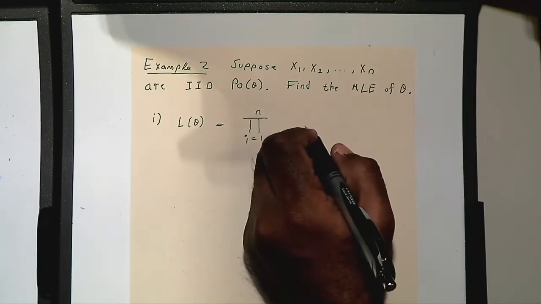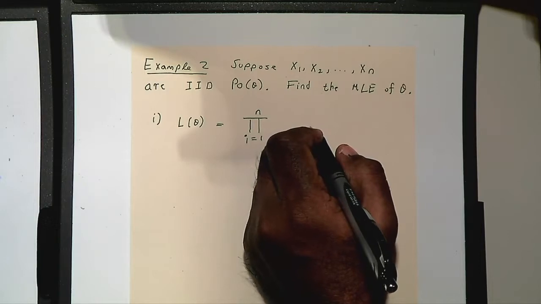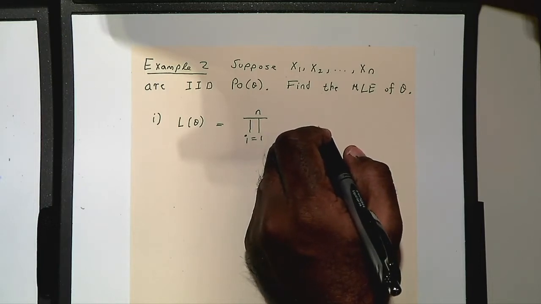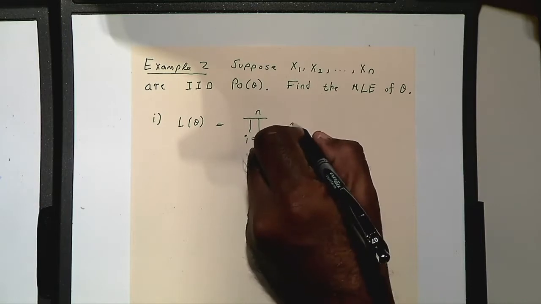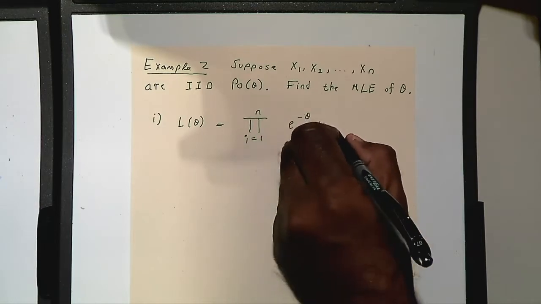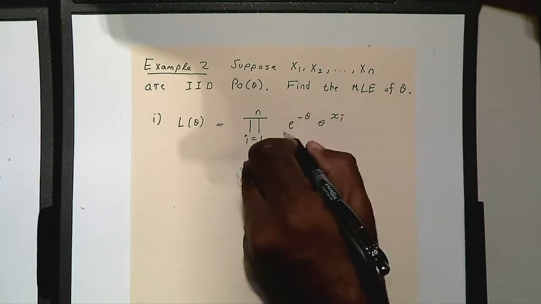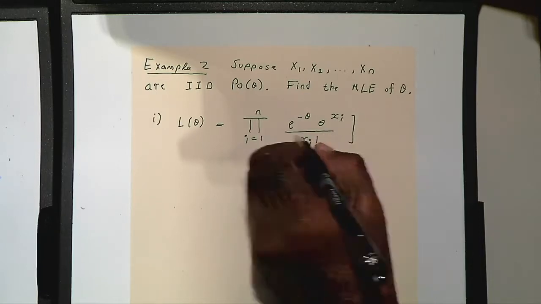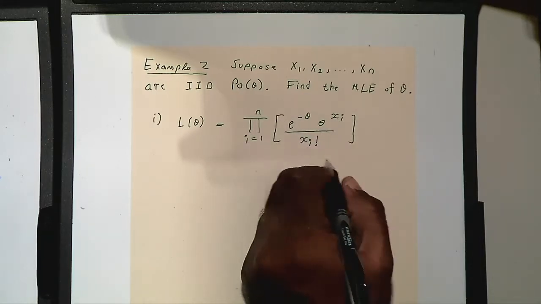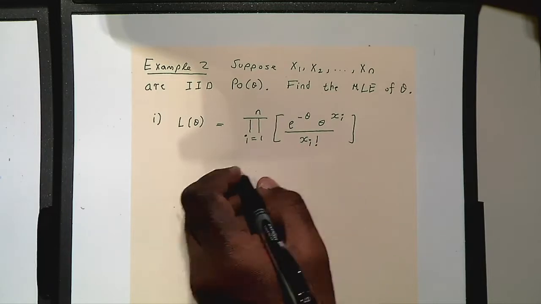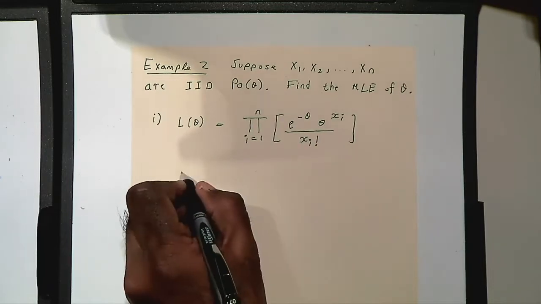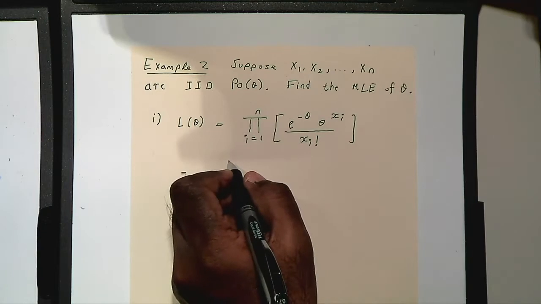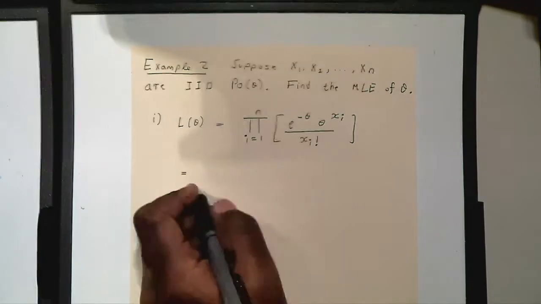Now, do you guys remember the PMF of Poisson? You must have done it in probability 1. Yeah, this one, right? Okay, now you should take the product of this. Once again, this is the step you have to be really careful about, how to do the product of this, okay?